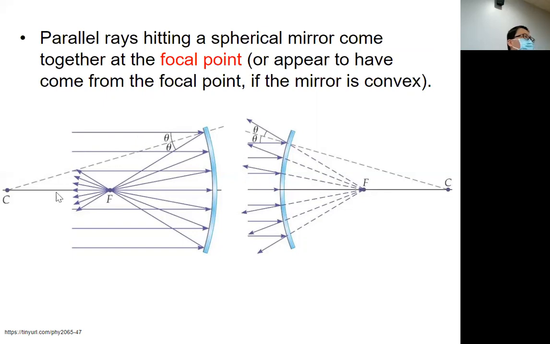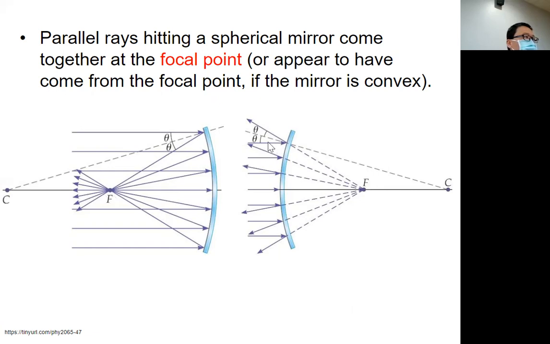And since the incoming ray is parallel to the central axis, this angle will be theta as well. So this length is the focal length, which is the same as this one here. Since this angle is the same as this angle, this will also be equal to the focal length. So focal length plus focal length is equal to 2r. That tells you the focal length is equal to half of the radius of curvature, so f equals r over 2.